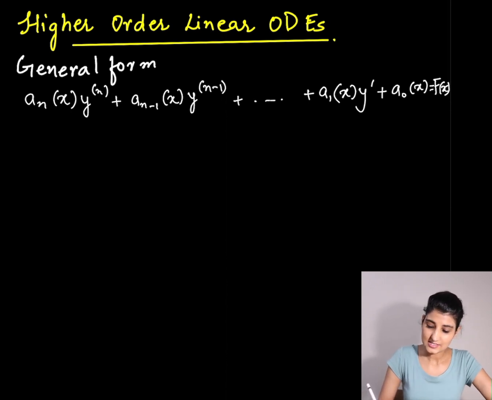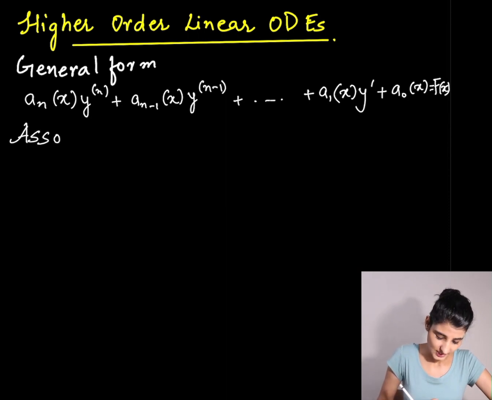These ai's and this f of x are functions of x. So this is the general form of a higher order ODE. The order here is n, and this is non-homogeneous if f of x is non-zero, and homogeneous if f of x is 0.